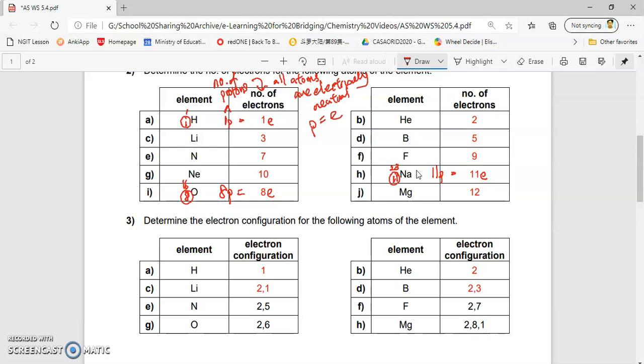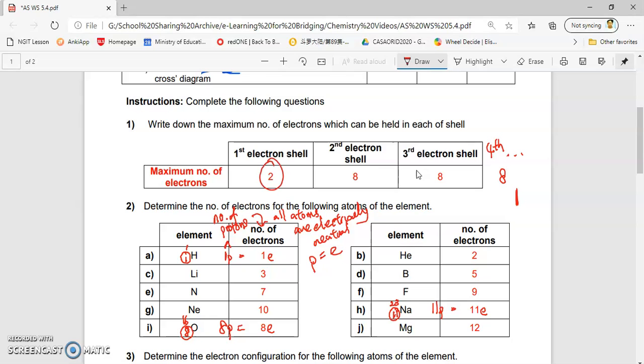So for example, let's look at lithium. For lithium, the electronic configuration is 2, 1. Why? Because lithium has 3 electrons. The electrons will be filled up in order, so in the first shell first. If I have 3 electrons, can I put all 3 in the first shell? No. The first shell can only hold 2 electrons.